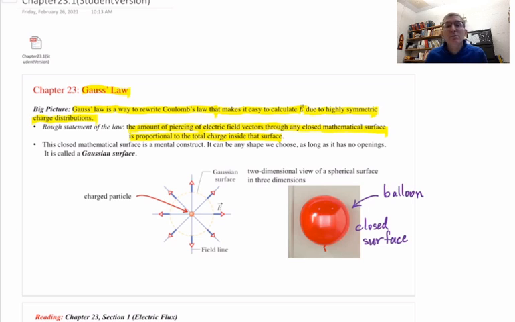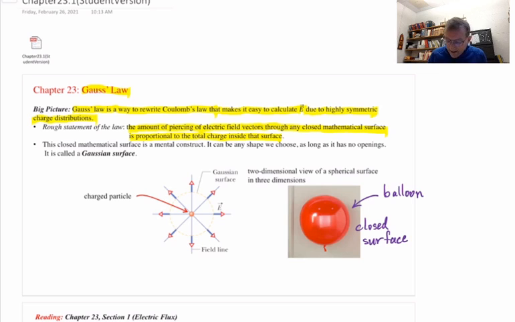Again, a blown up balloon, the surface of it would be an example of a closed surface. But sometimes the closed surface we're talking about might have a balloon type shape, like a sphere, but is a completely mental construct. We are imagining a spherical surface, without there actually being one there. That's important to note, that it can be a purely mental construct.